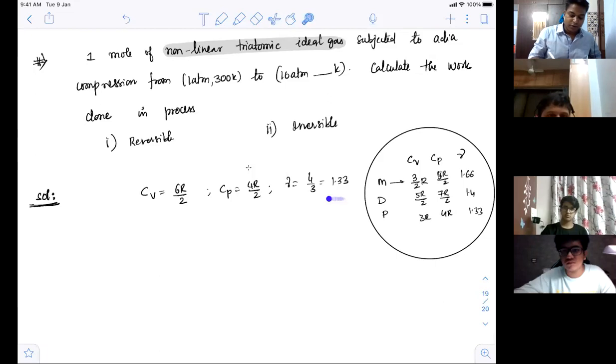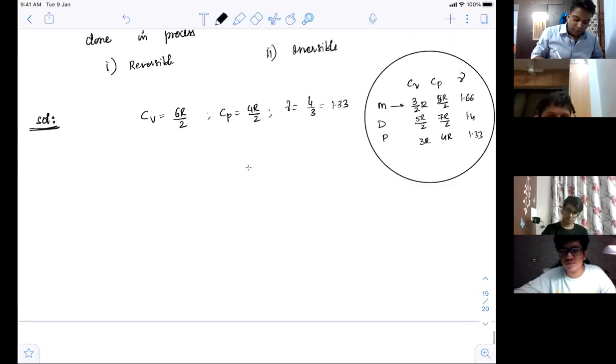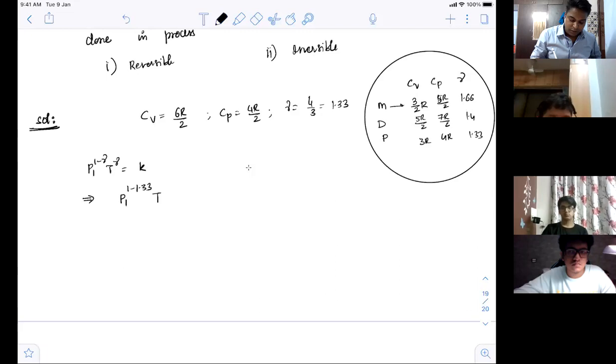Now just apply the formula. So P1 raised to power of 1 minus gamma, T raised to power of gamma is equal to constant. This is what we have seen. So we get P1 raised to power of 1 minus 1.33, T1 raised to power of 1.33, equal to P2 raised to 1 minus 1.33 and T2 raised to 1.33.